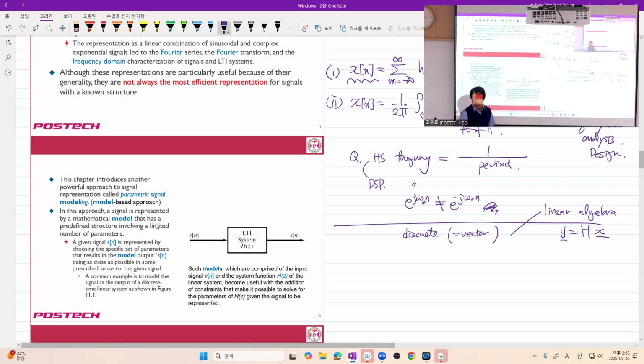But anyway, here, if the matrix is circulant, then you can use DFT and its inverse.